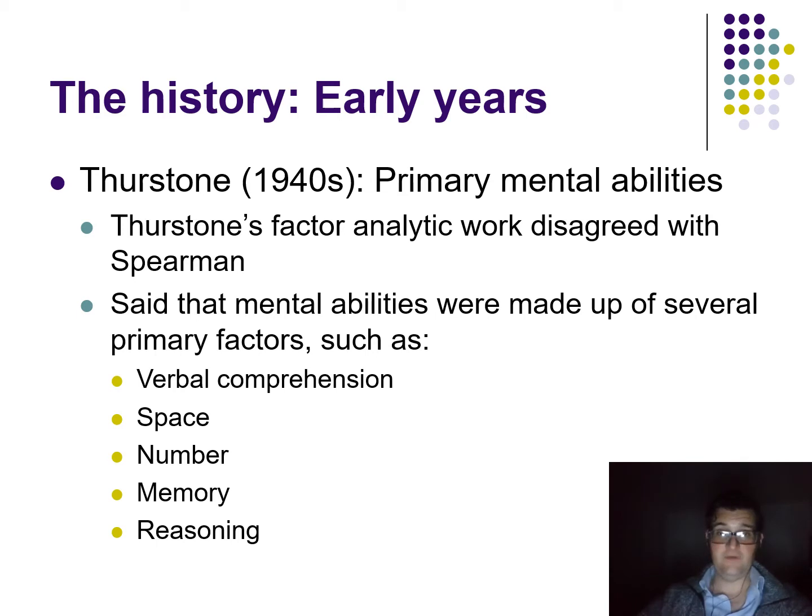He called his approach primary mental abilities, which basically said that no, there wasn't a single unifying factor like G. There were several that broke up into things like verbal comprehension, space, which involves things like spatial rotation, which is like recognizing an unusual shape at two different angles, number, which is what it sounds like, memory, again, what it sounds like, and reasoning. Most of the other ones are what they sound like.